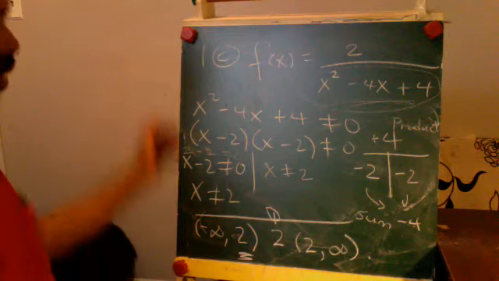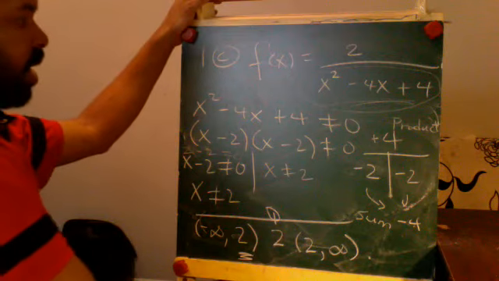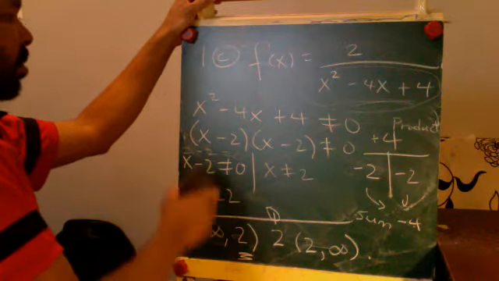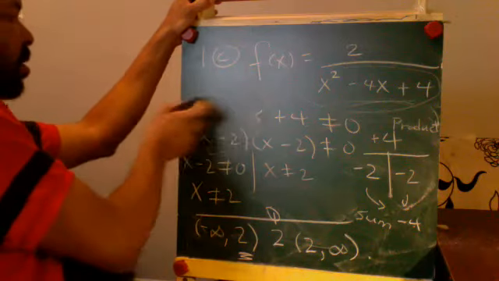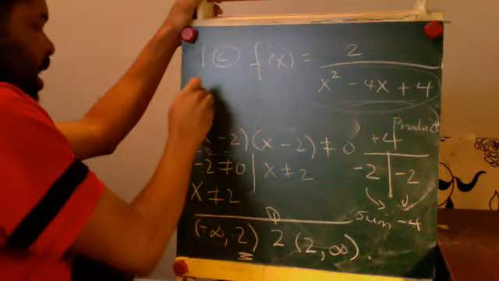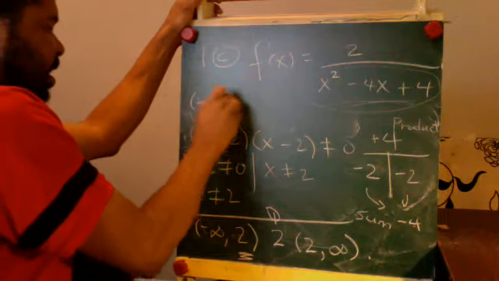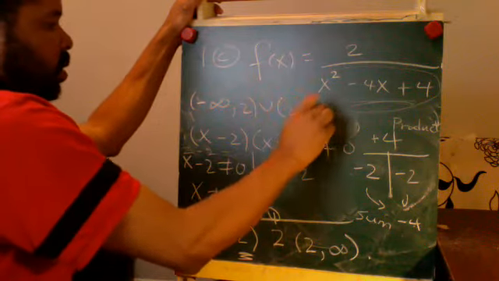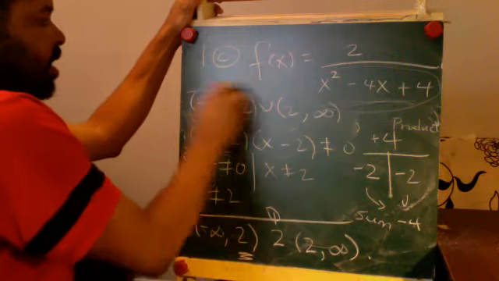And so how do we write this answer? Let me erase this part for you, since it's already up there. We write this answer as negative infinity up to 2 union 2 to positive infinity.